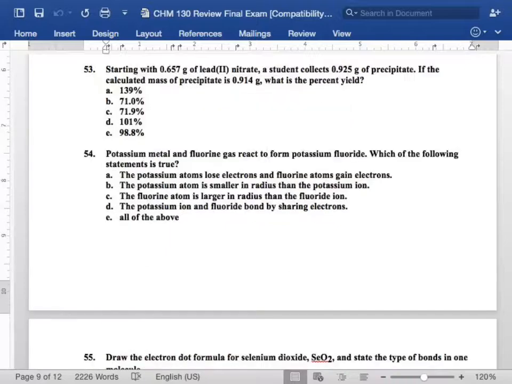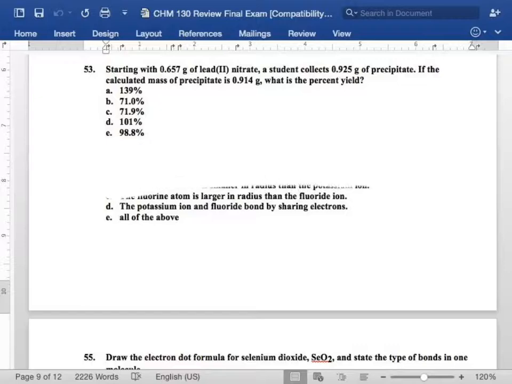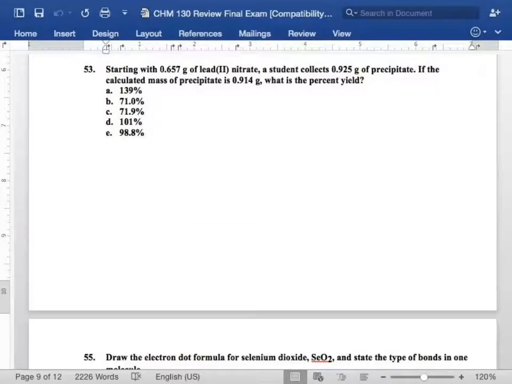Okay, next question. So 53. What are you asking to solve for? Percent yield. How do we calculate a percent yield? Okay. Our actual over theoretical, times 100.